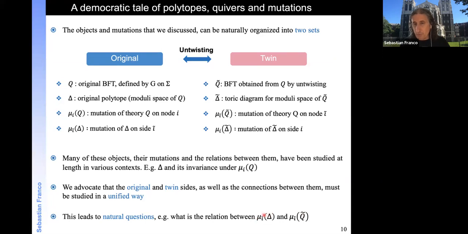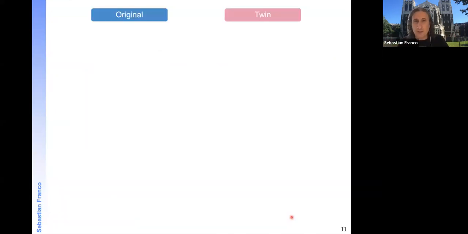The mutation of the polytope on a zigzag has something to do with the mutation of the twin quiver on the corresponding face. It certainly doesn't have anything to do with Seiberg duality of the original theory, but we suspect that it has something to do with the Seiberg duality of the twin quiver, and that's the punchline. Okay, so let's think about that.